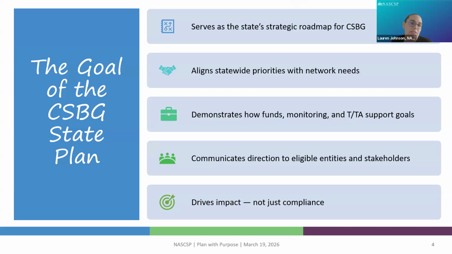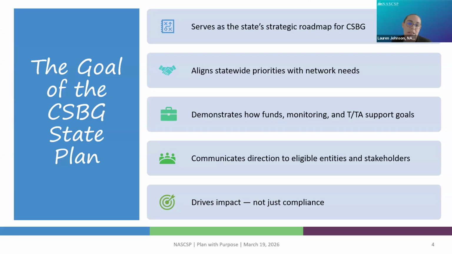Before we jump into the nitty-gritty requirements of the state plan, let's talk about the goal of the state plan. Again, it does satisfy that federal requirement, but the real purpose is to guide the state's vision and its priorities for the CSBG network. A strong state plan clearly articulates what the state is trying to accomplish.